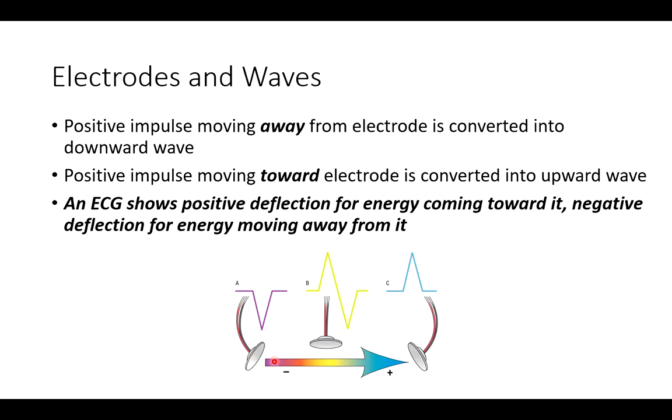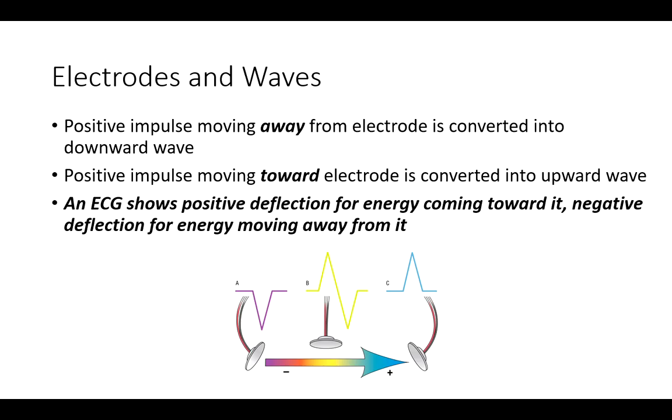So if we're moving away from this electrode, then looking at this particular electrode here, it would represent a downward deflection. Whereas if we looked at this electrode here, and when I say looked at this electrode, I'm saying we're looking at a different perspective of the 12-lead ECG, if the electrical activity is traveling toward that electrode, the waveform is going to be reflected as positive.